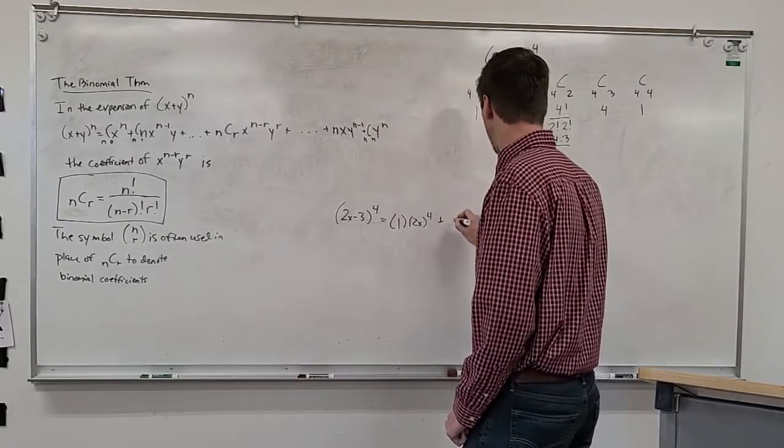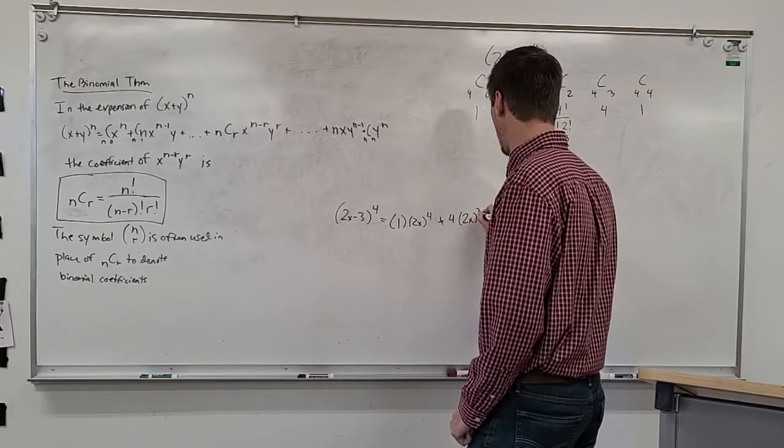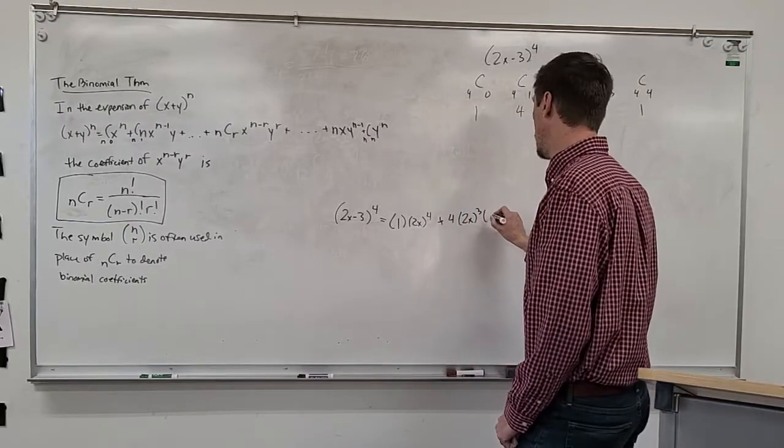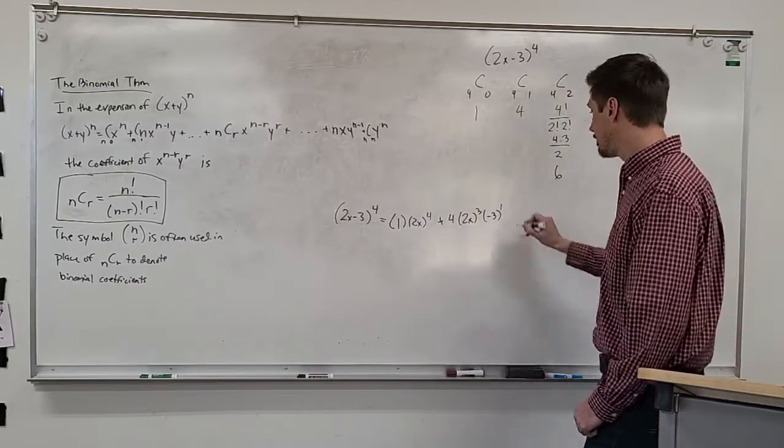Our next one will have 4, and we'll have 2x to the 3rd power, but now our other term is going to be introduced. So there's our -3 to the 1st power.